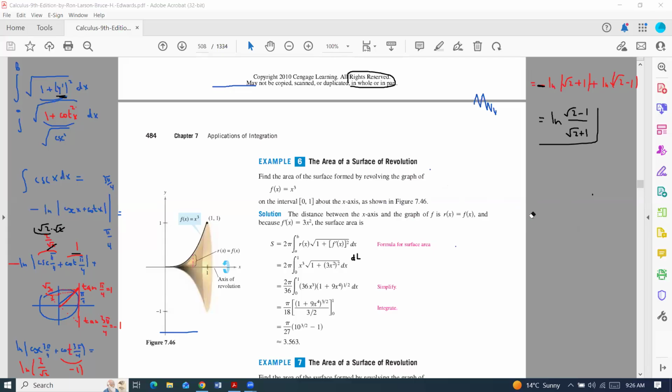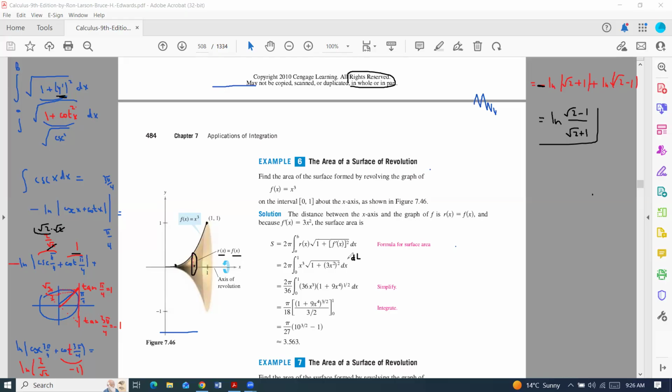So it looks like now you're rotating a cubic parabola, right? In this example 6, you're trying to rotate the cubic parabola, and the way you're rotating it is about the x-axis. They nicely show it in the picture. So this little part, when you rotate, you produce that particular part, like a cone or something. And then we have a point here, and we see the radius of rotation is going to be the same as the function f of x.